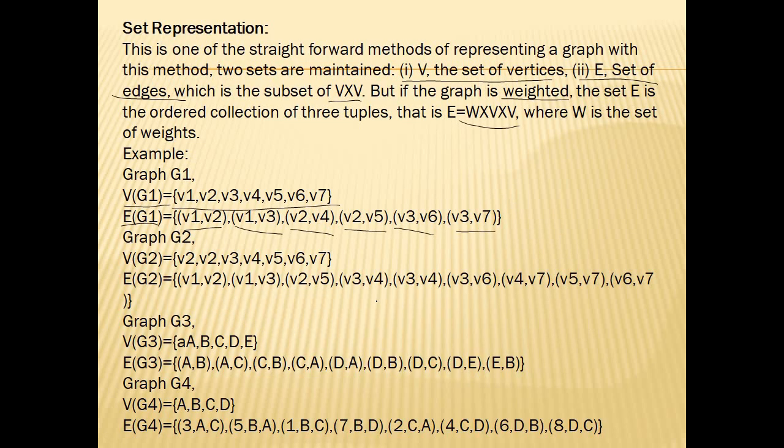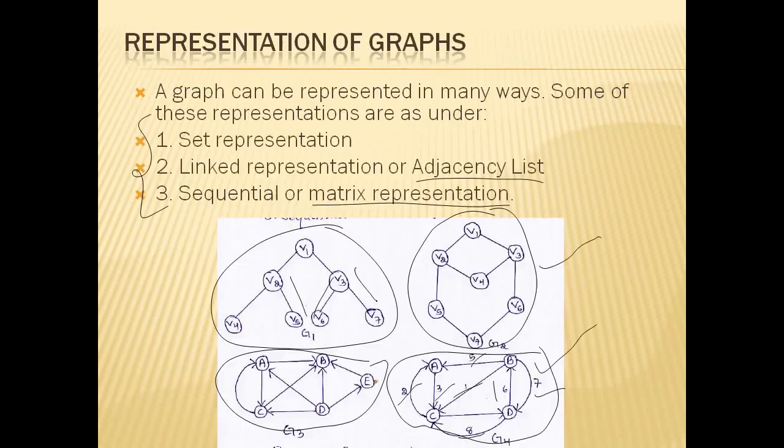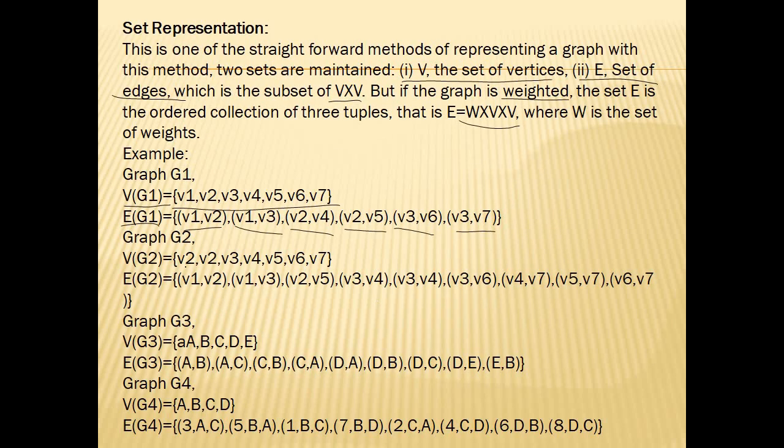The second graph has vertices V1, V2, V3, V4, V5, V6, V7, and the edges are V1 to V2, V1 to V3, V2 to V5, V3 to V4, V3 to V6, V4 to V6, V4 to V7, V5 to V7, V6 to V7.